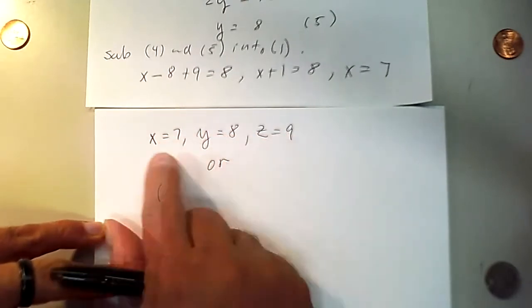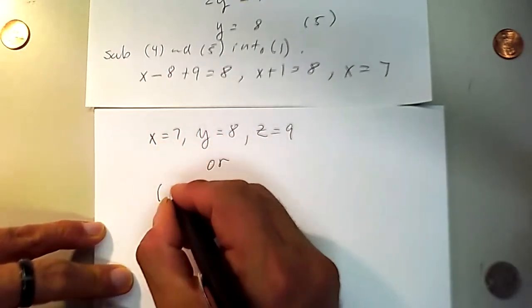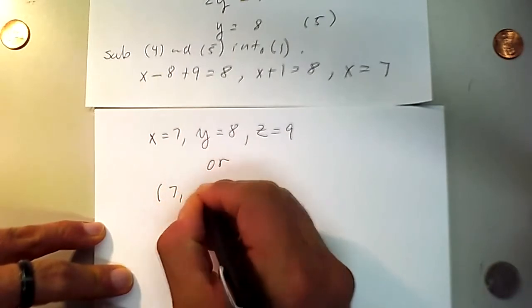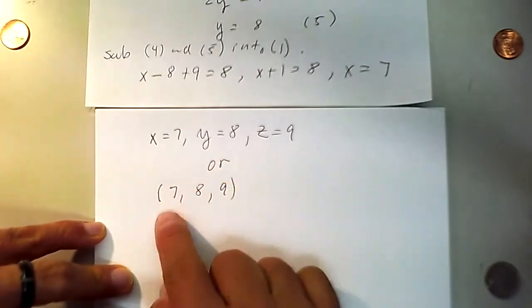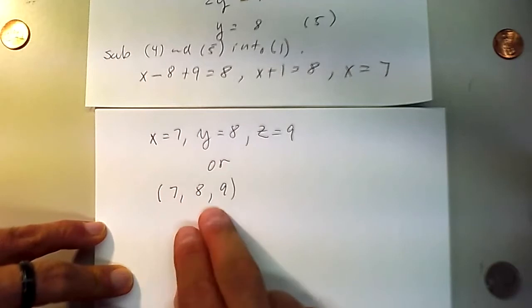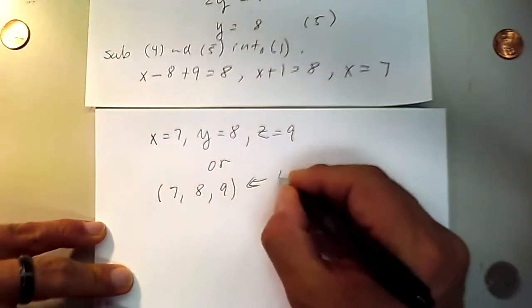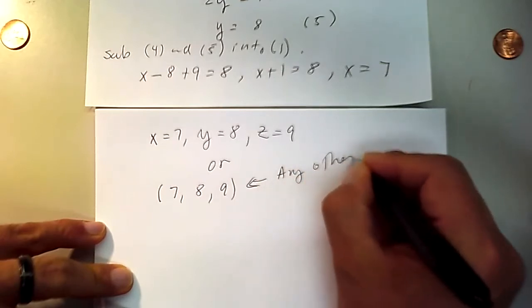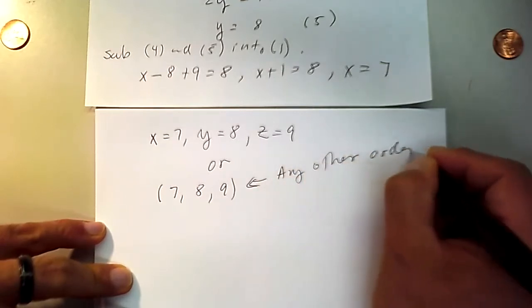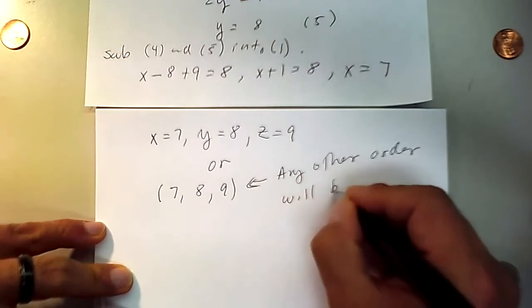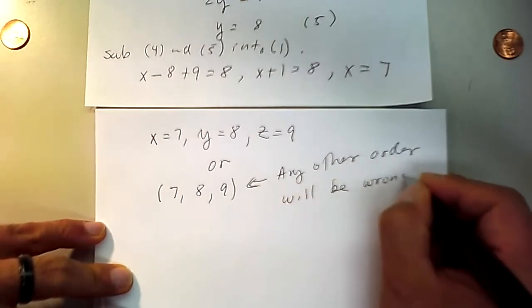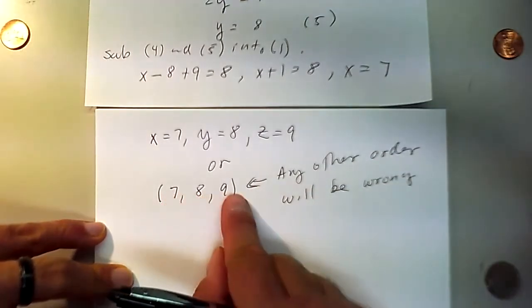In that order, we use the same order as the letters in the alphabet, 7, 8, 9. It has to be in that order. Any other order will be wrong. Let me make a note of that. Any other order will be wrong because we're assuming this is x, this is y, and this is z.